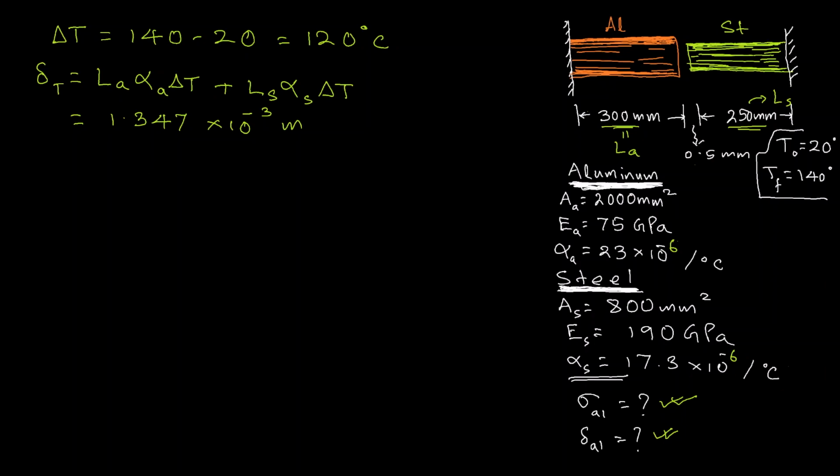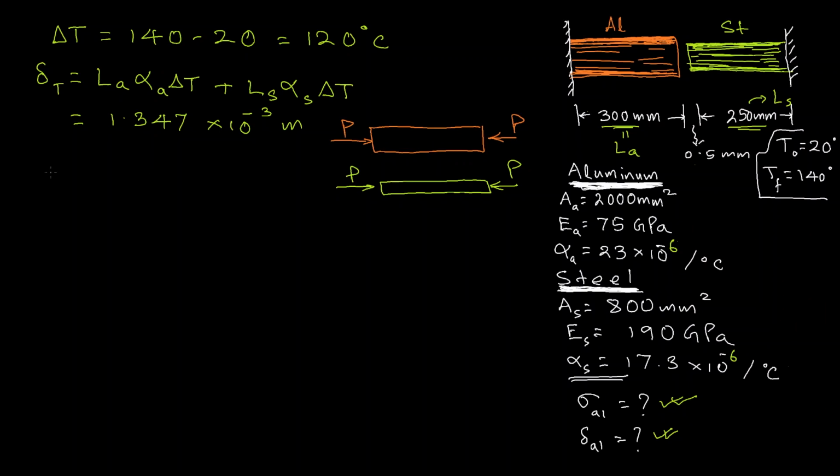But now because they are getting compressed because of their internal forces, if we draw the free body diagram, it will look something like this. So a force P is acting on the aluminum rod, and the exact same force P will be acting on the steel rod because there is no other external loading applied. Now, because of this force P, they will be shortened.